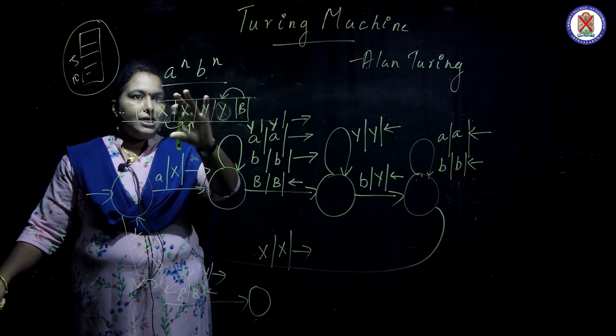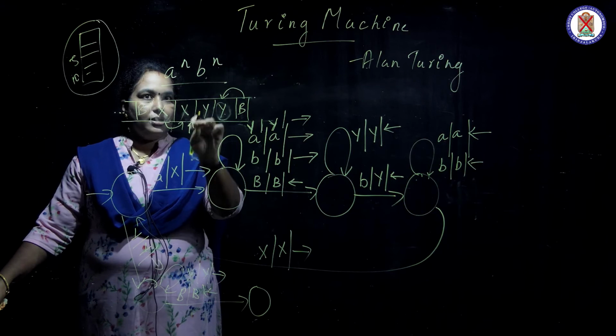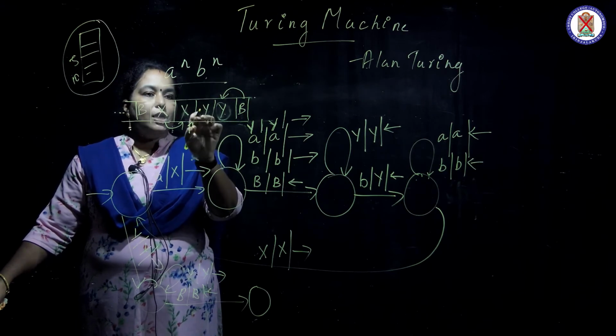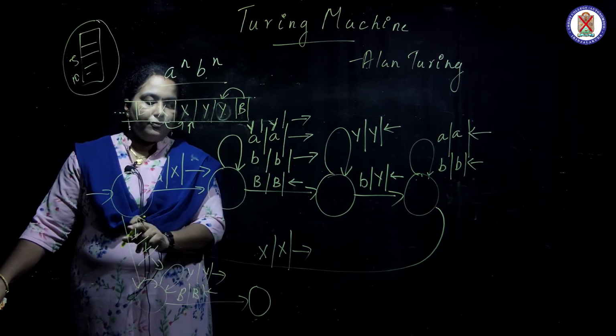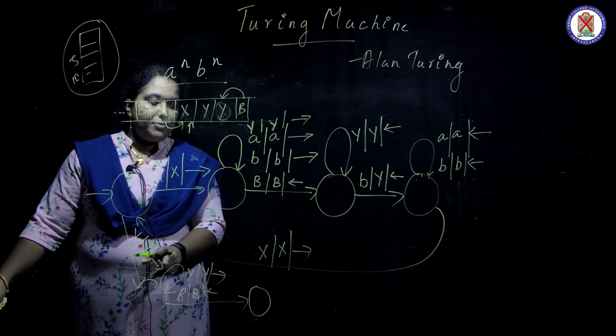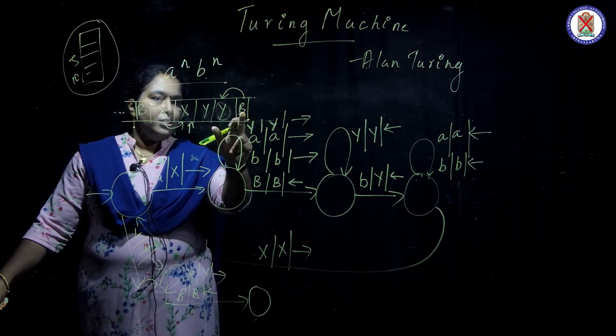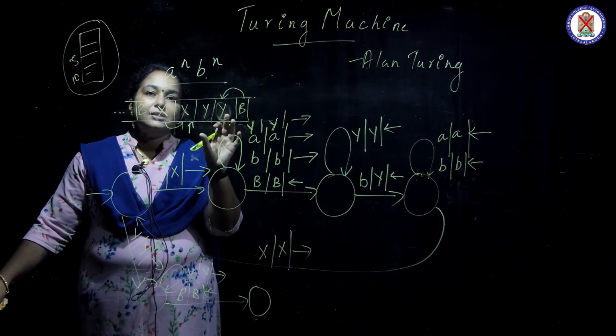Once again I will say, if correctly matched, your pointer will be like here, and there will be no A's left, so there will be only Y's after X. So Y's after X must be bypassed and you must reach here. There will be no B's in between if it is correctly matched.